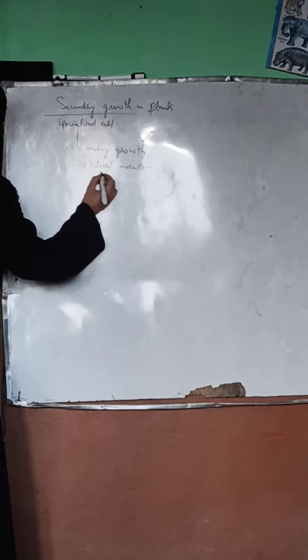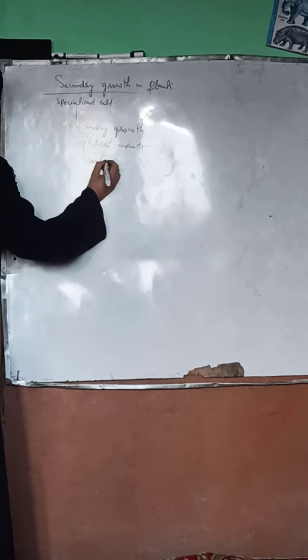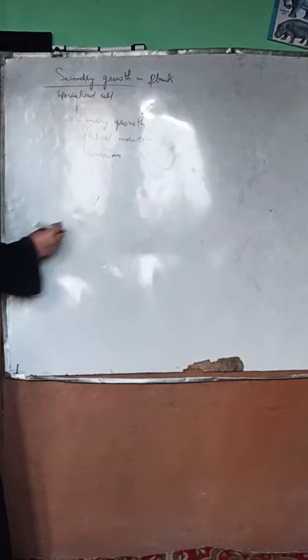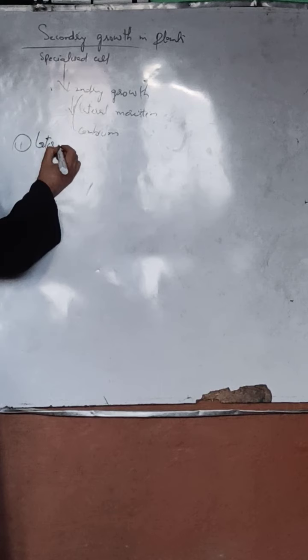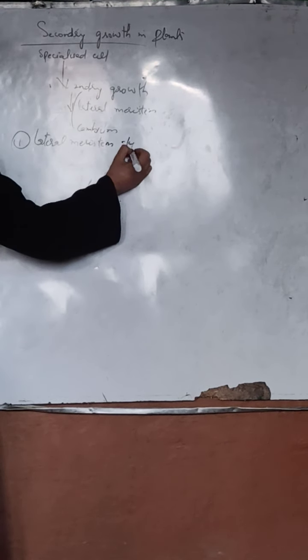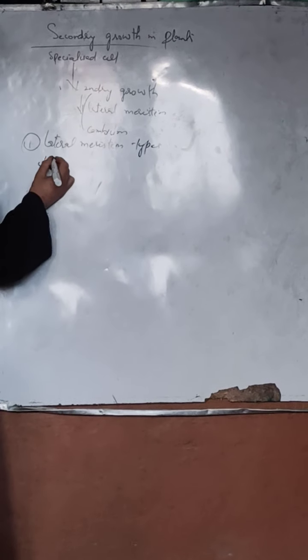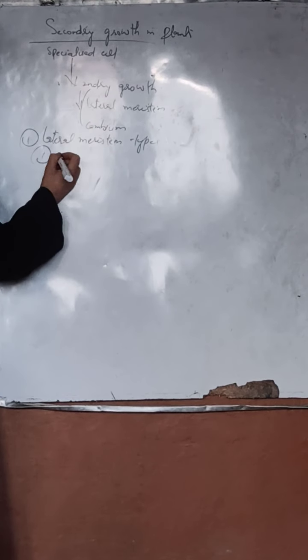Now, when there is secondary growth, it means that there is cambium. So cambium and cork cambium are two types of lateral meristem.